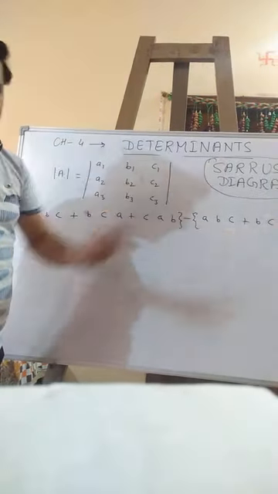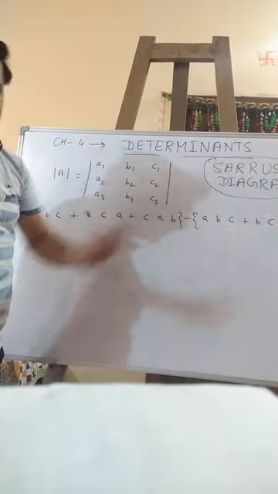What you observed here? B1, which means write here 1. C2, 2, and A3, 3. So the second term is B1, C2, A3 with positive sign.